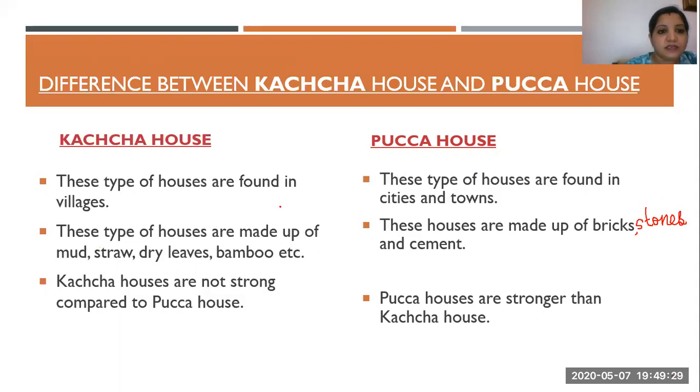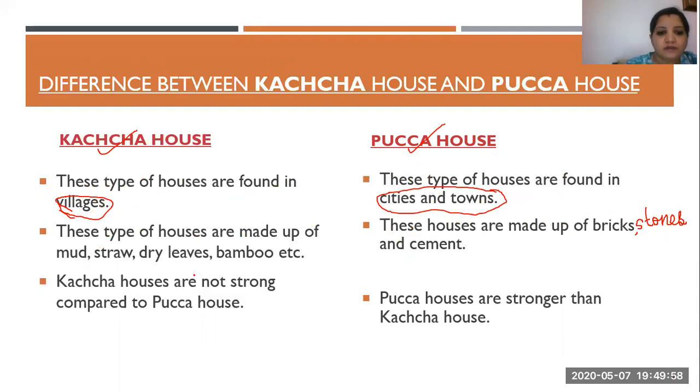I'm revising once again. You can see this is kacha house and this is pakka house. So pakka houses are found in where? Kacha houses are found in villages, whereas a pakka house is found in cities and towns. Can you see, children? So the houses that are found in cities and towns are the pakka houses, and the houses that are found in villages are called the kacha houses.